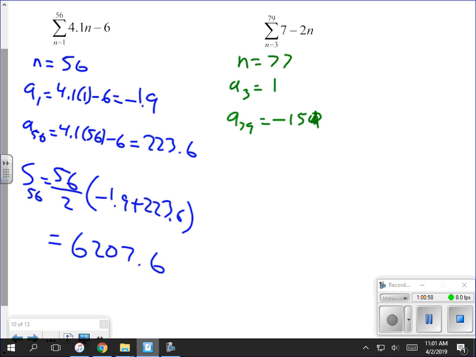So the sum of these 77 terms I'm adding together is 77 over 2 times 1 plus negative 151. So 77 divided by 2 times negative 150. And I get negative 5775.